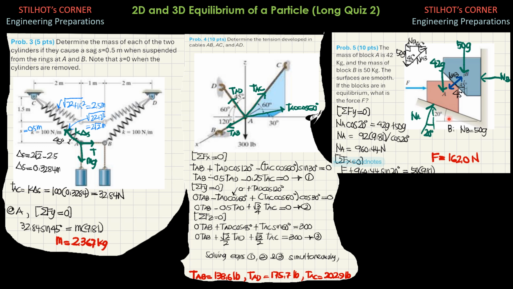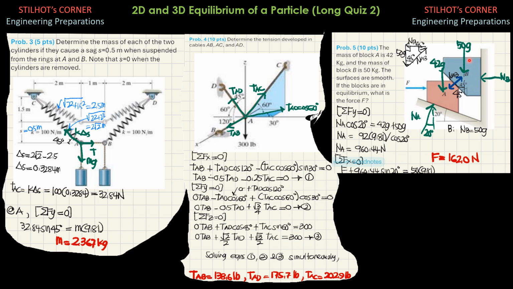From this force triangle of B, this NAB here is internal. That's why the arrow is pointing upward. If you draw the free body diagram of the upper part, B, then you transmit that to A if you want the free body diagram of block A alone.